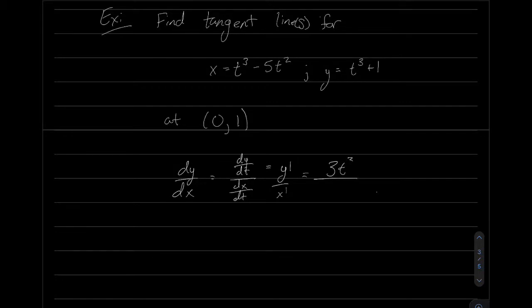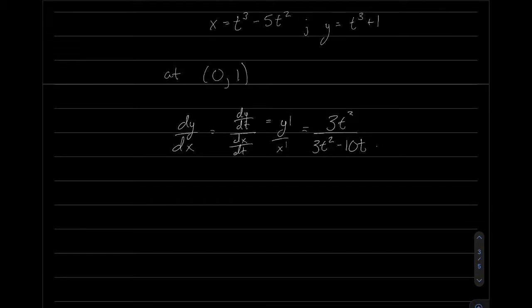And then we're going to put dx dt in the denominator. So for dx dt, we have 3t squared minus 10t.